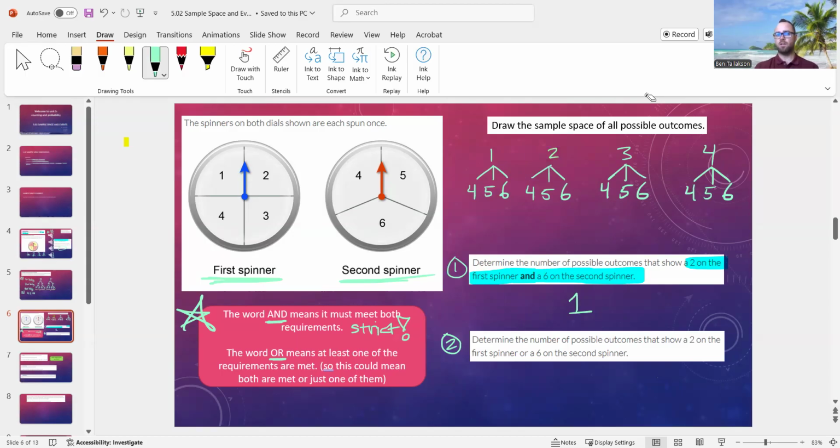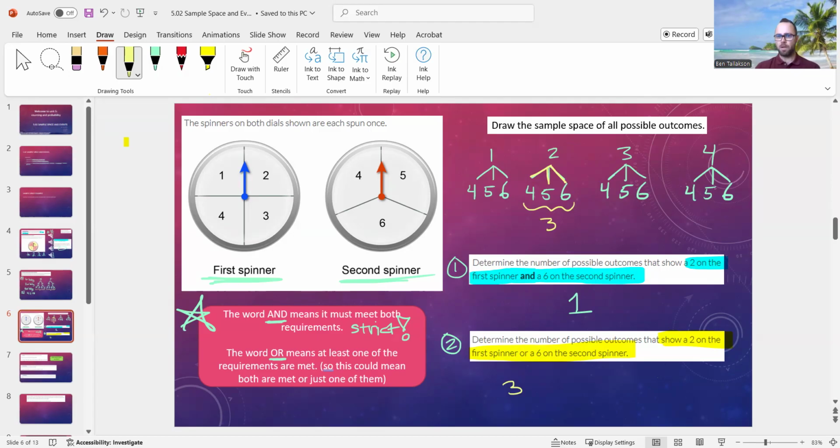Now, a second ago, I talked about how and or makes a big difference, and we're going to see that right now. This is the same exact question, but with the word or. So how many possible outcomes show a 2 on the first spinner or a 6 on the second? Okay, well, here's a 2 on the first spinner, and how many things can happen there? You could spin a 2, then a 4, then a 5, then a 6. So here, there are three possible outcomes.